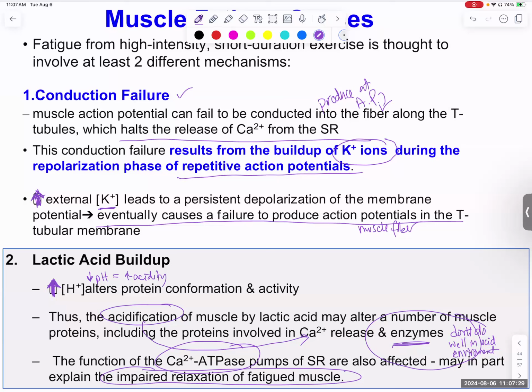We call it muscle cramping, where the muscle just contracts and cramps because you can't pump that calcium back into the sarcoplasmic reticulum. That's another type of fatigue, that cramping. And that's really due to the lactic acid buildup and the enzymes not functioning properly.